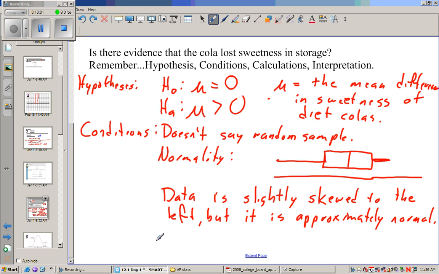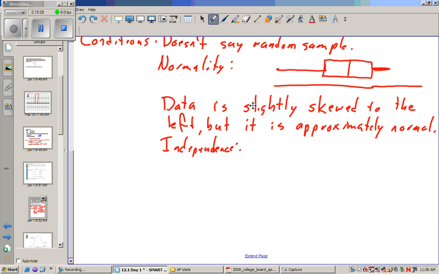Now let's do independence. So there are 10 data pieces.